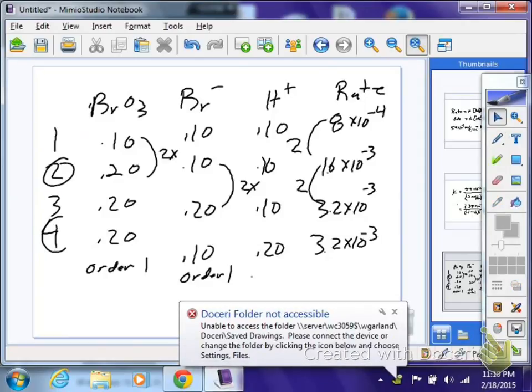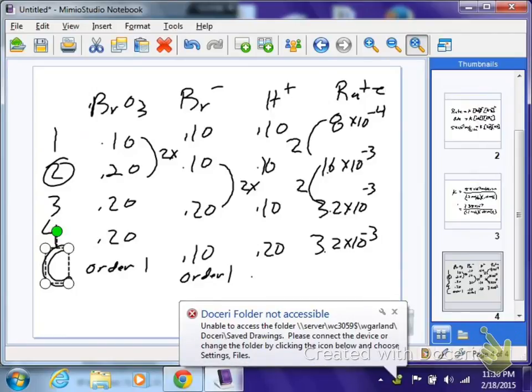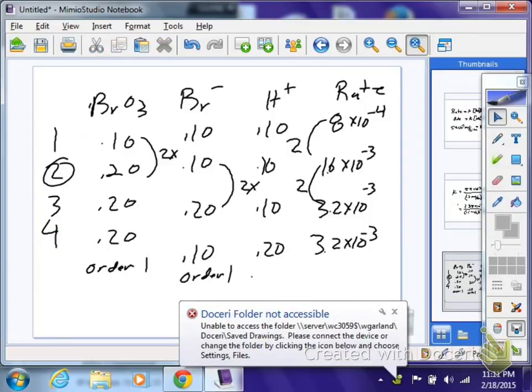When you look at experiment 2 and experiment 4, you see that BrO3 and Br minus are not changing, but H plus is doubling.